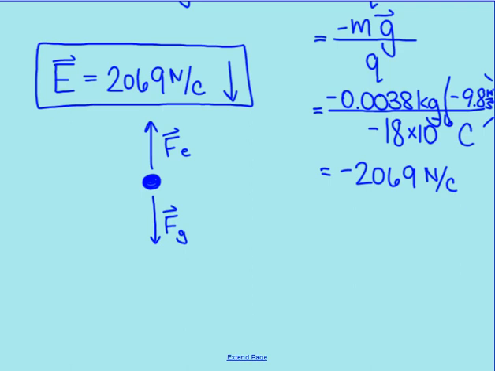As I mentioned on the previous slide, the direction of the electric field is the same as the direction of the electric force if it's a positive particle, or opposite the direction of the electric force if it's a negative particle. Since this electric force is pointed upward, the electric field must be pointed downward then.